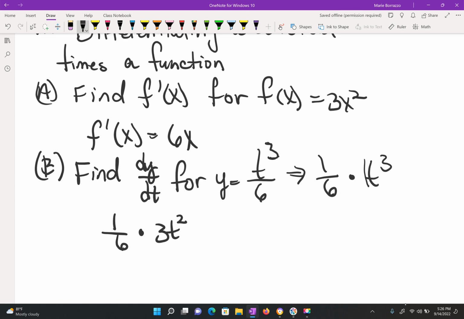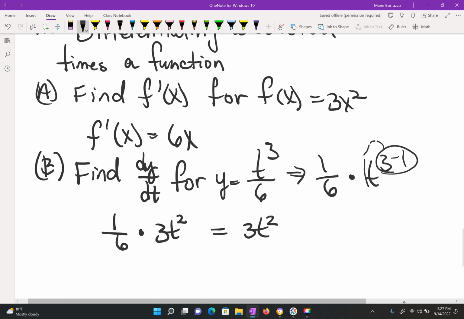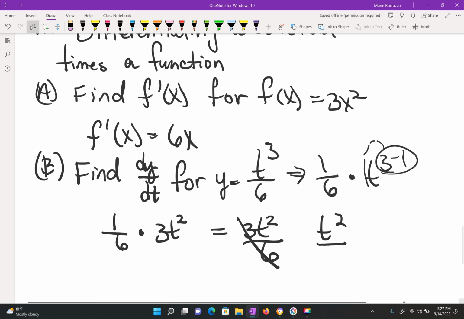Remember, there's a 1 here. 3 times 1 is 3. Take away 1 from the exponent. That's where I'm getting 2. And now we just do math. Technically what I have here is 3t squared over 6, and this reduces to 1/2. So I really have t squared over 2. I can also express this as 1/2 t squared. Either way works.